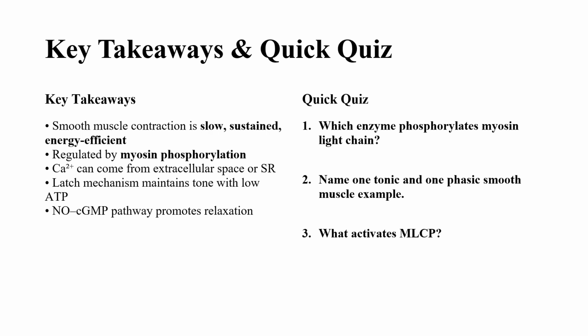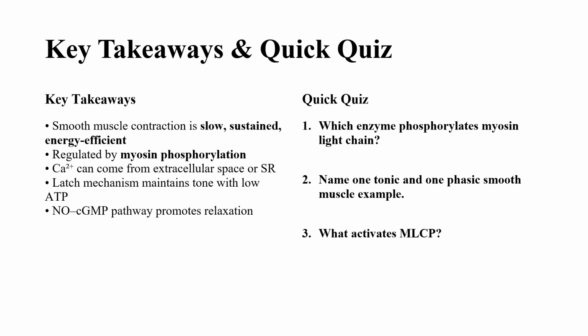This behavior makes perfect sense once you recognize that regulation occurs at the level of myosin phosphorylation, not at actin, unlike skeletal muscle. Next, recall that calcium can come from the extracellular space or from the sarcoplasmic reticulum.